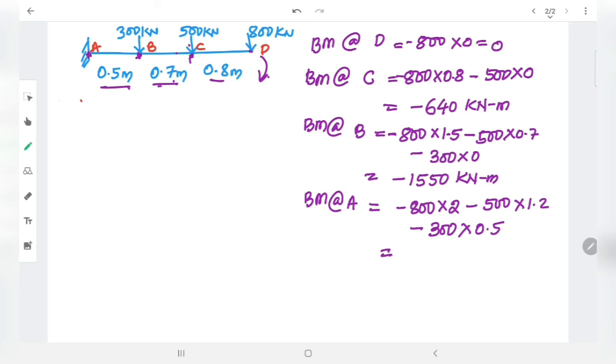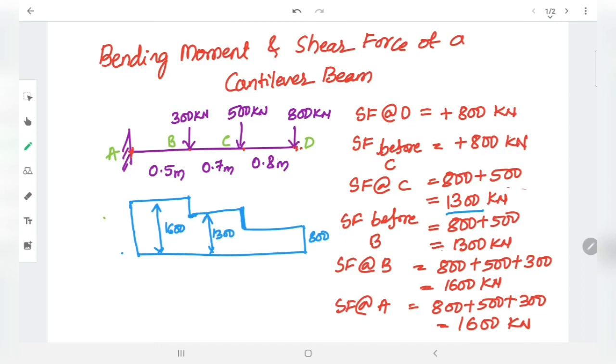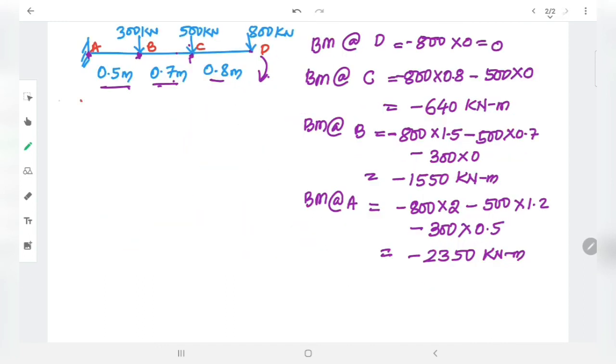When you calculate, bending moment at point A is equal to minus 2350 kilonewton meter. So these are the moments which we have calculated.